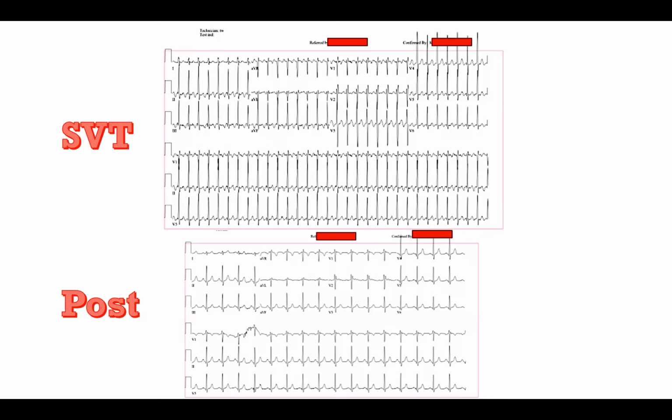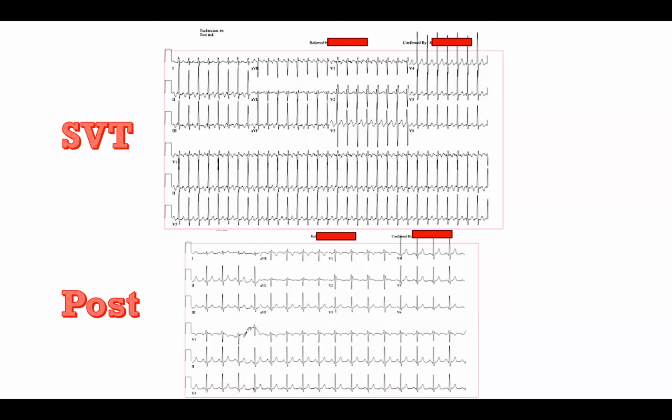What I'm looking for is the distance between the QRS complex of the tachycardia and the P wave that would be after it. In this scenario, I don't see a clear P wave, but sometimes you can have a P wave afterwards, and then you look at that duration. I believe we used a cutoff of about 60 milliseconds.